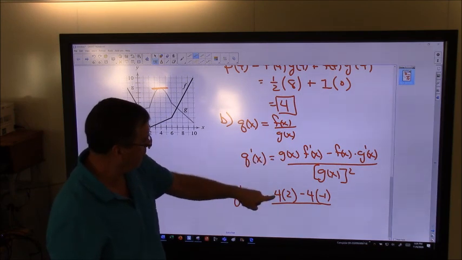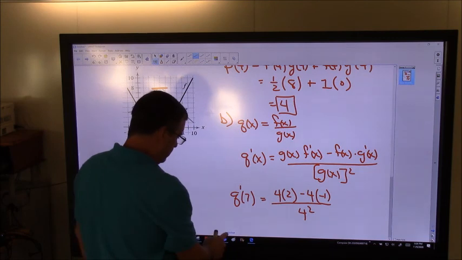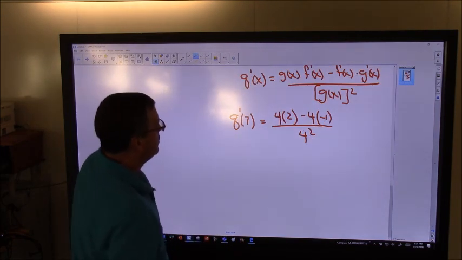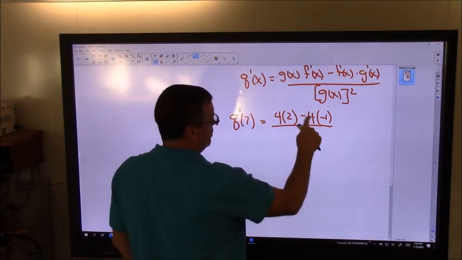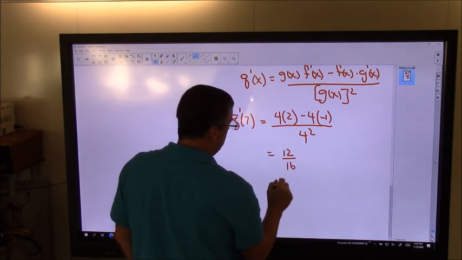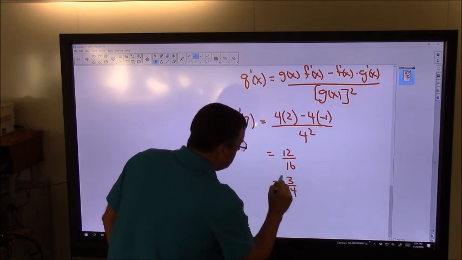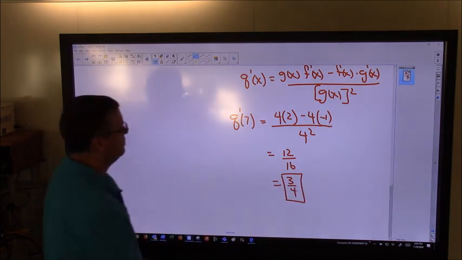G of 7 was 4. We wrote it right here. So 4 squared. So now what I have is 8 plus 4. That's 12 over 16, which if I simplify that, I would get 3/4. There's my answer.